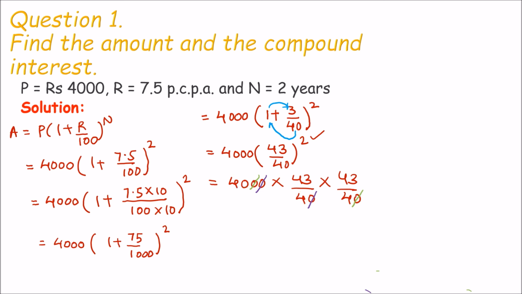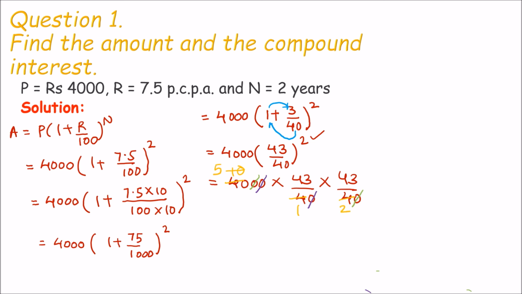So we can cancel by 4. 4 ones are 4 and 4 tens are 40. Similarly, you can cancel this 4 and this 10. They are divisible by 2. So we'll divide by 2. 2 twos are 4 and 2 fives are 10.